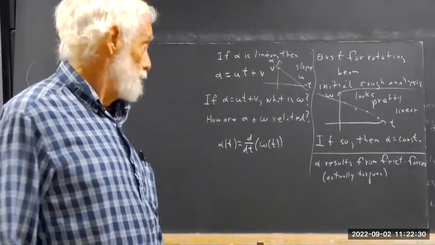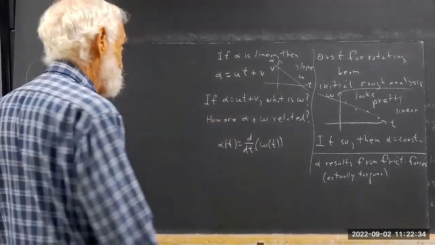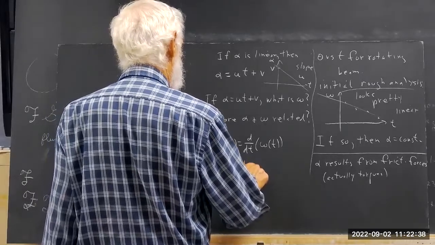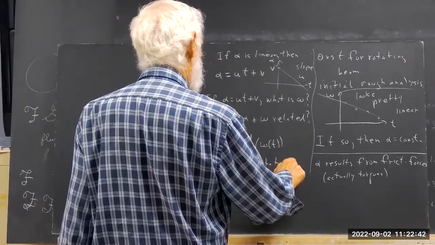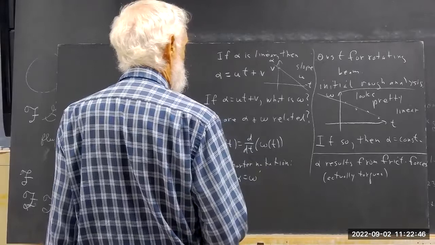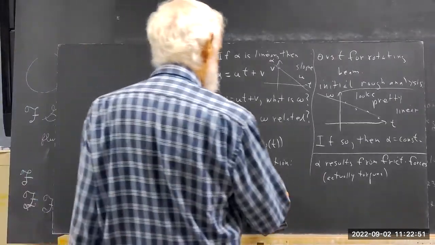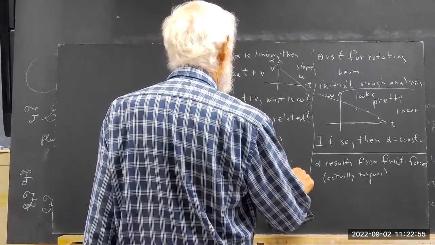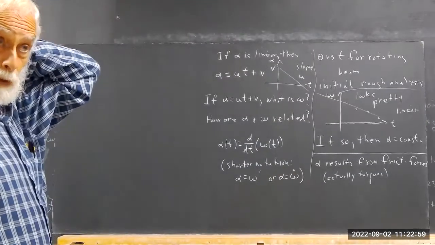We just say alpha equals omega prime, or even alpha equals omega dot. It's another standard notation for the derivative.